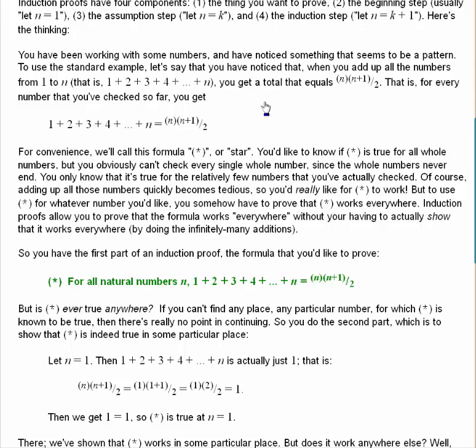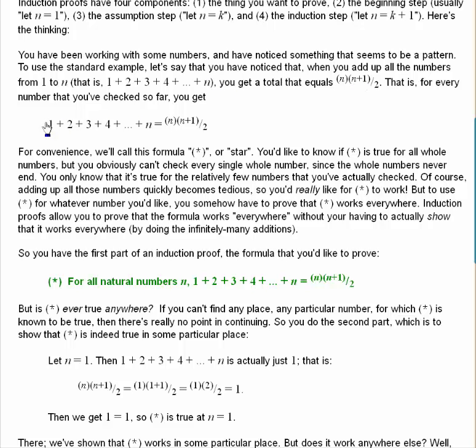And if I plug 4 into this formula here, I'll get 4 times 5, which is 20, divided by 2, which is also equal to 10. Okay, so this formula checks out when n is equal to 4. And in fact, you can try any positive integer n and get that the formula works.